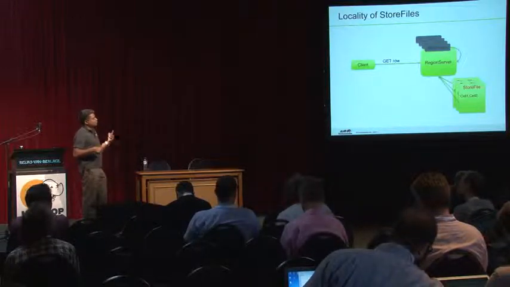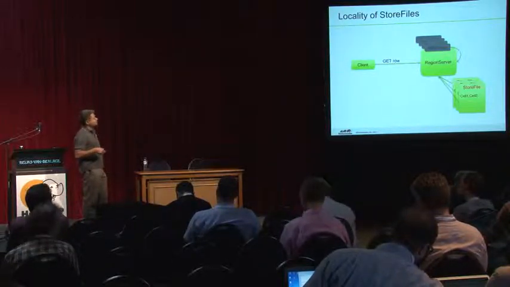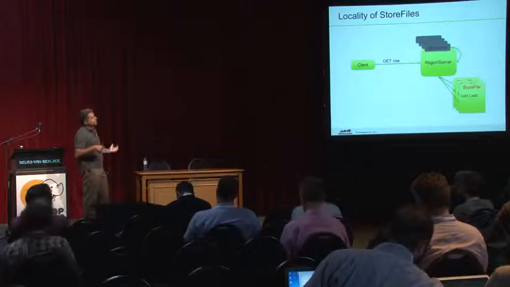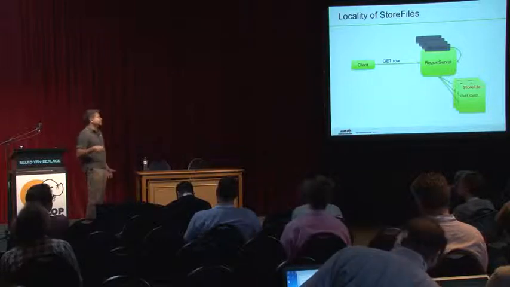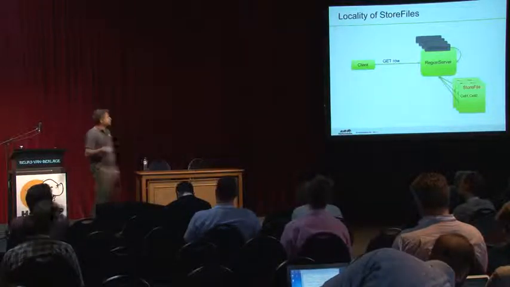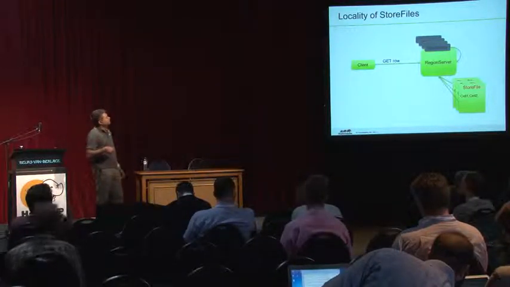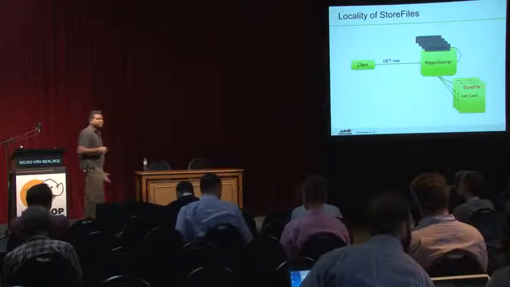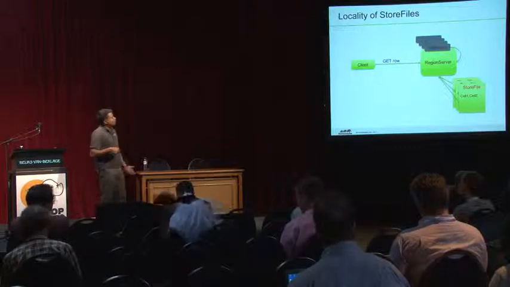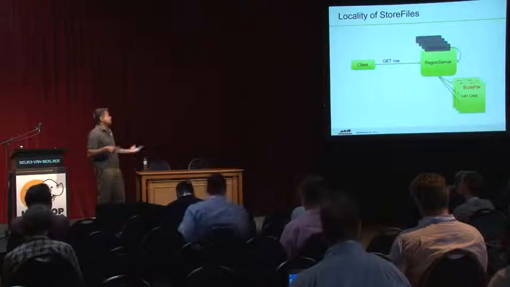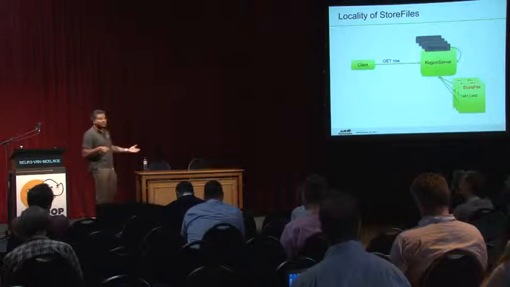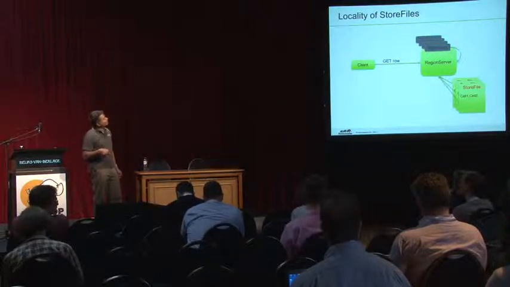One replica of the blocks of the store files is local to this region server, and the other replicas go to random nodes in the cluster, depending on how HDFS chooses those replicas, right? So these store files are comprised of hundreds of HDFS blocks. Okay, one copy is local, so the region server, when it is running and alive, is reading the data from its local disk, right?